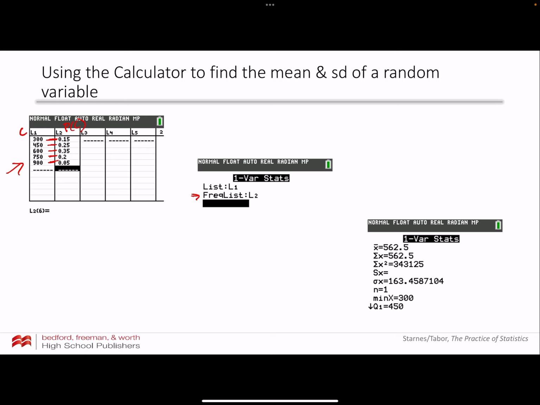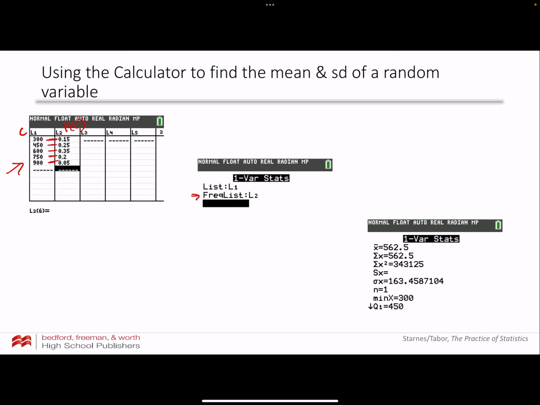You want the mean and standard deviation of the data in L1, but you want to weigh it on the probabilities in L2. Where it says freq list, that stands for frequency list. So what are the frequencies for each of the values in L1? Well, I put those frequencies in L2. So list is L1, wherever you have the data values, and then frequency list is wherever you have the probabilities.